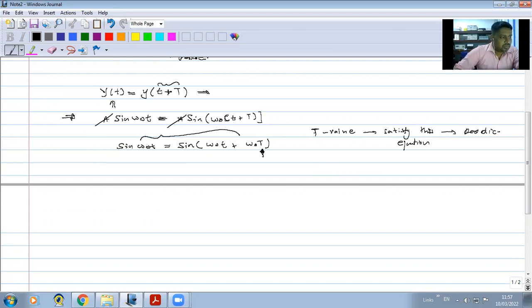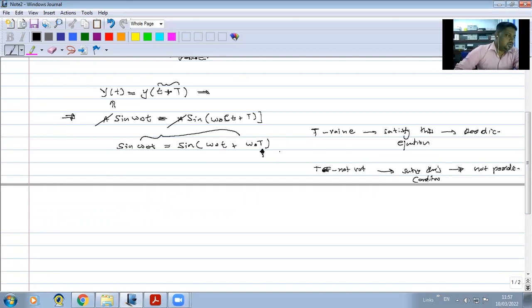If we don't have a value that satisfies this condition, we can say that it is not periodic.